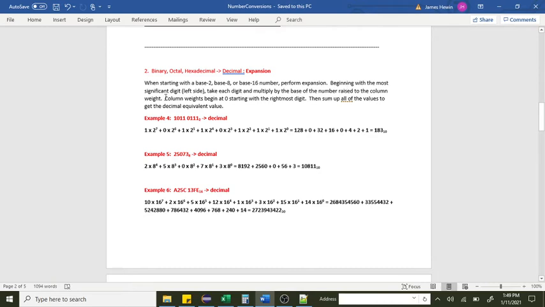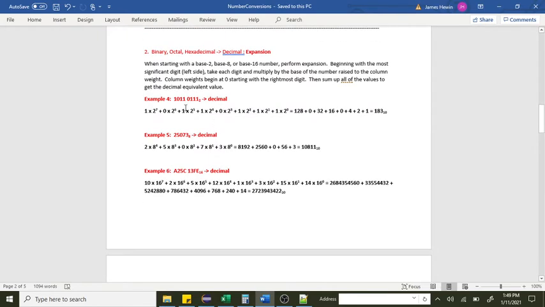Beginning with the most significant digit, which is the left side, just like if you're reading a number, the leftmost digit's the most significant, you're going to take each digit, multiply by the base of the number raised to the column weight. Column weights begin at 0, starting with the rightmost digit. So this rightmost column is weighted 0, 1, 2, 3, 4, 5, 6, 7. So these are weighted 0 through 7. And then sum up all the values to get the decimal value.